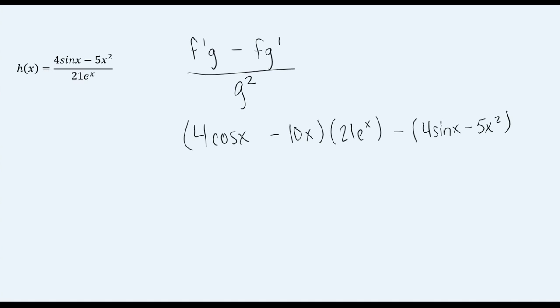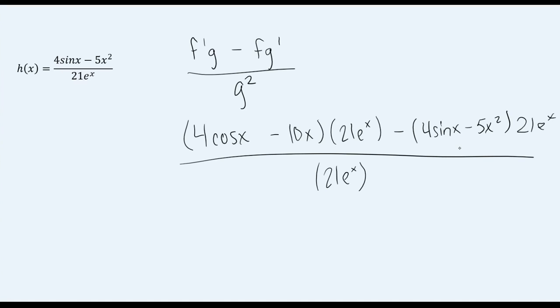So that's, remember, the derivative of e to the x is just e to the x, so times 21 e to the x. All divided by g squared, so all divided by (21 e to the x) squared.